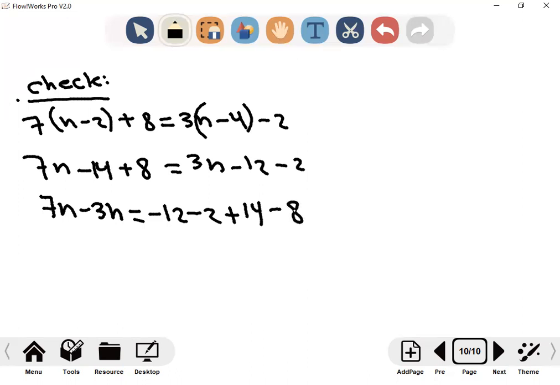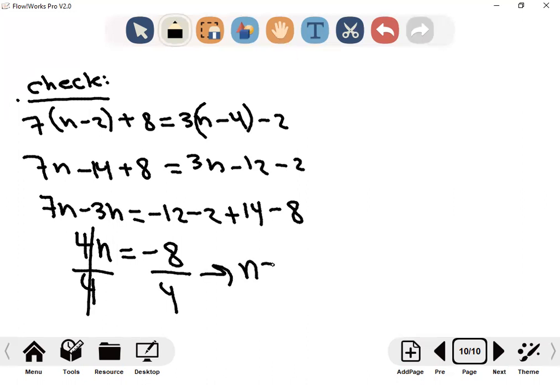Right? Now here we have 7n minus 3n, 4n, and add subtract. Negative 12, negative 2, negative 14, plus 14, 0. Give you that. So here divide by 4, divide by 4, n will be negative 2.